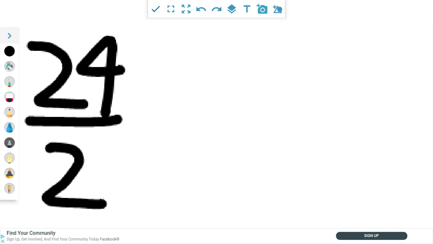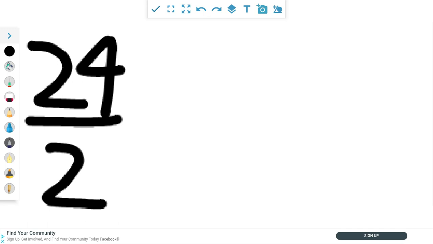A fraction is when you switch the numerator and denominator numbers, especially if they're divisible, then that would turn out to be a division problem.